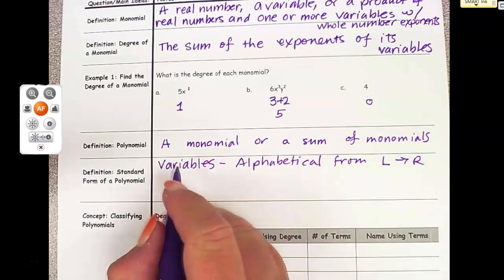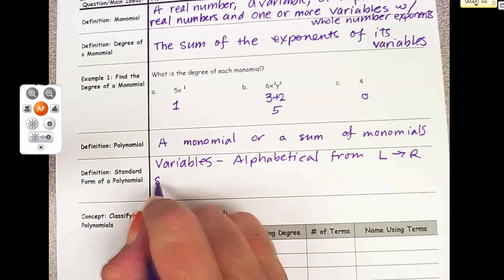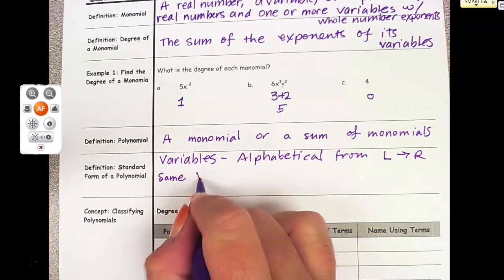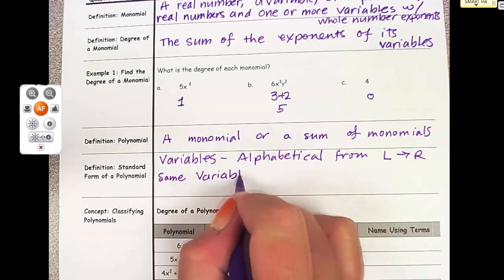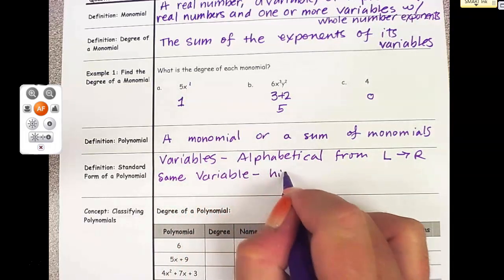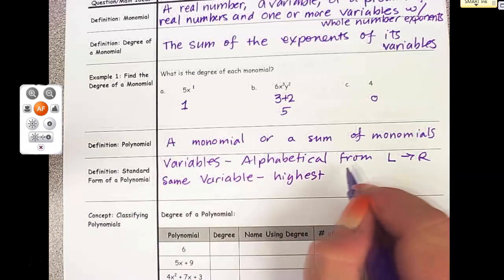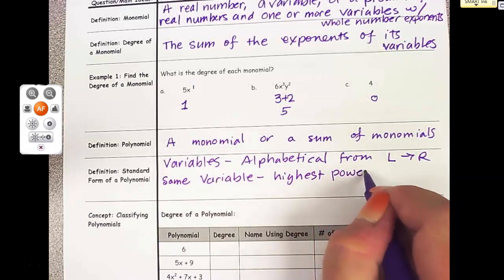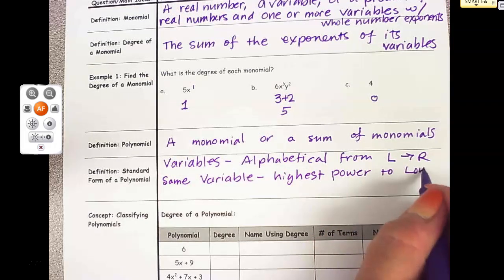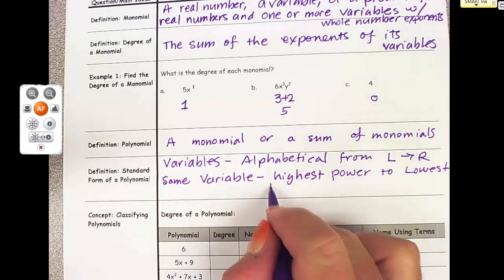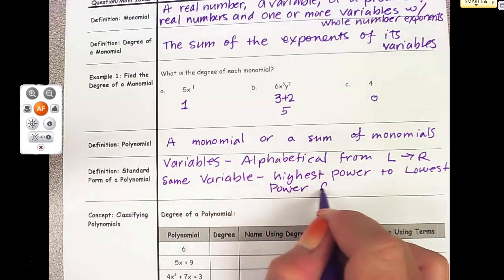And we're going to look at one variable and we're going to put it in descending order. So we're going to take the highest power to lowest power from left to right.